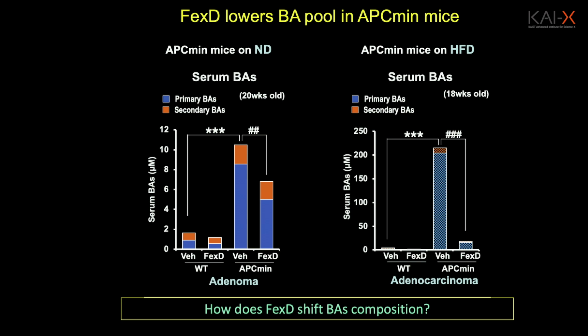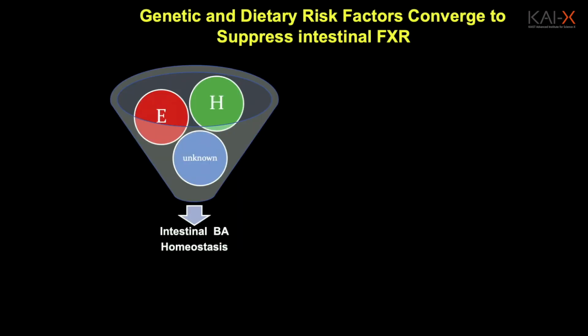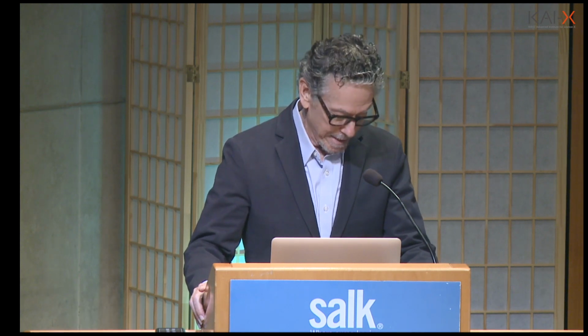So how does it shift bile acid composition? I'm not going to really go into that in a lot of detail because I can't really tell you. It is one of these challenges now that we have to look at.